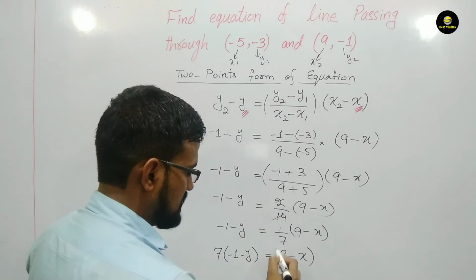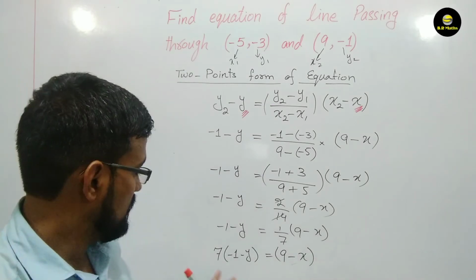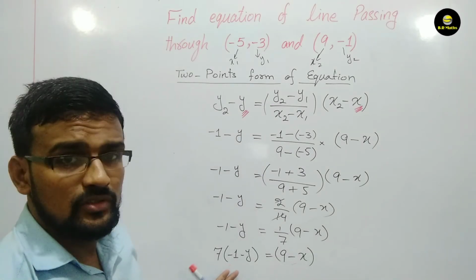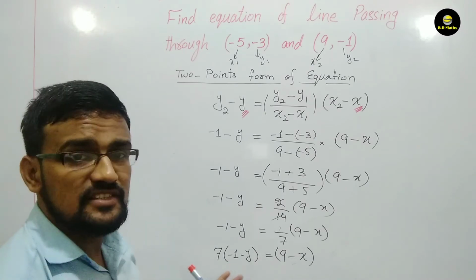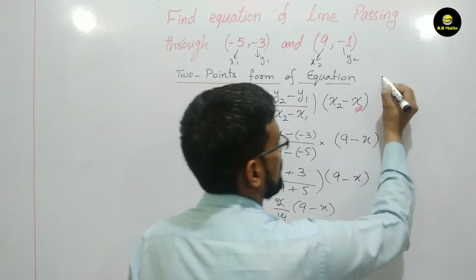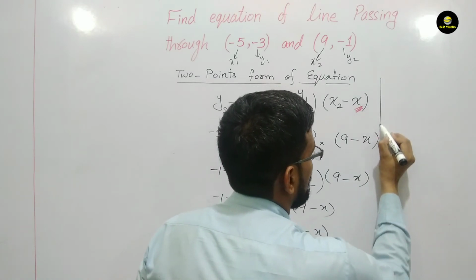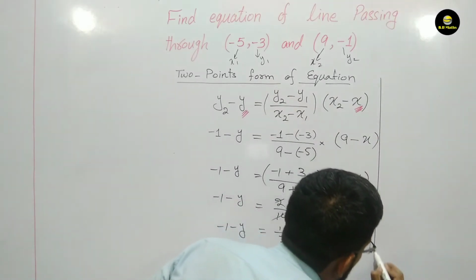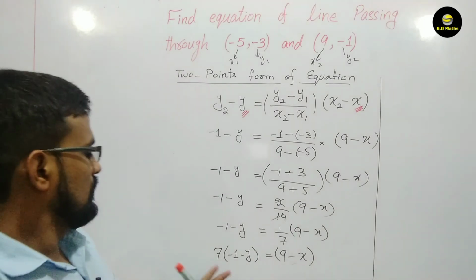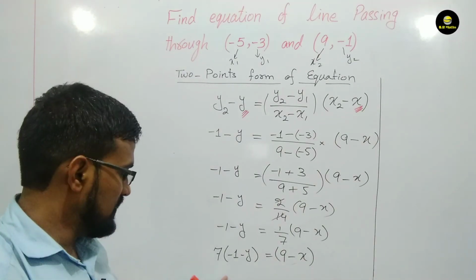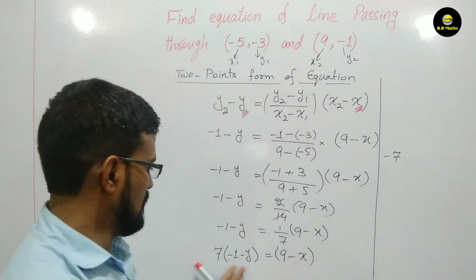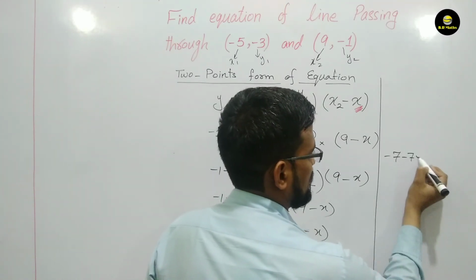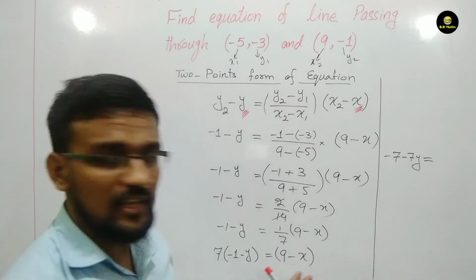So solve this: 7 multiplied with this equation, it becomes minus 7, minus 7y equals 9 minus x.